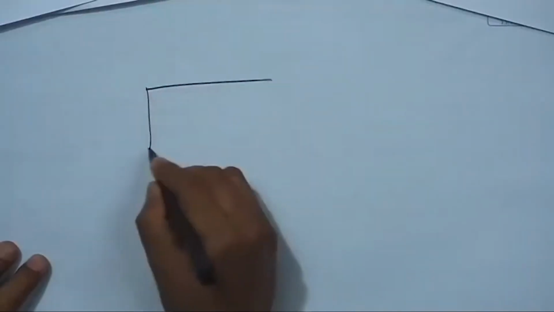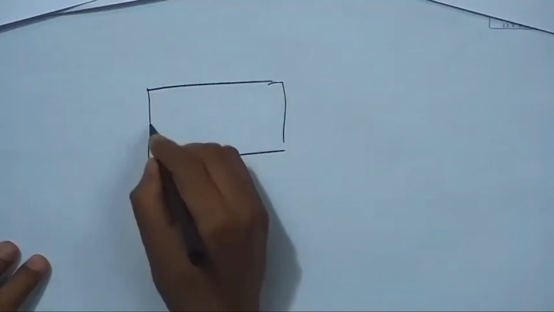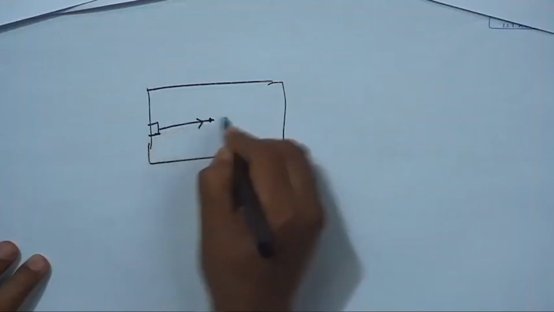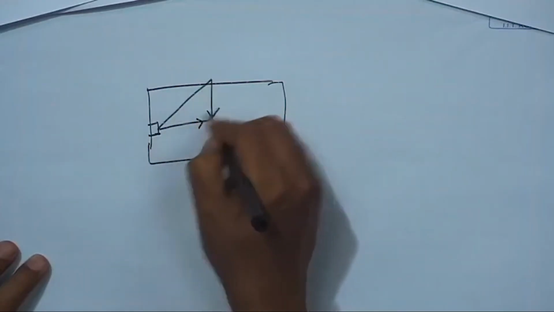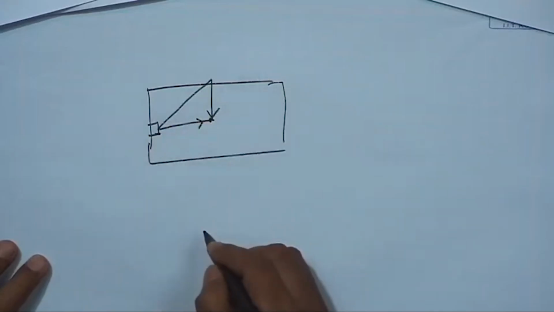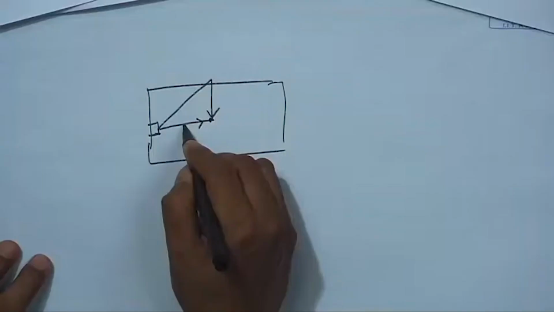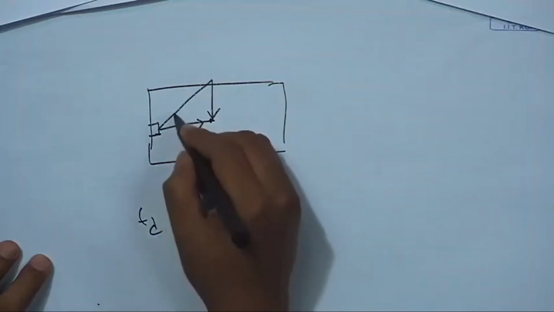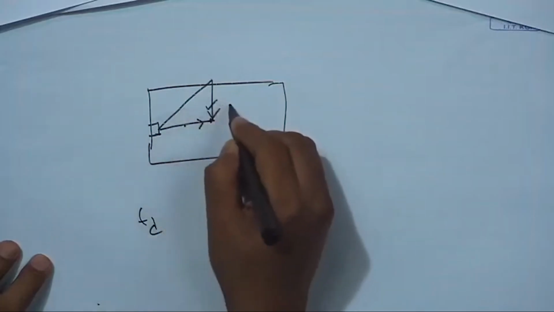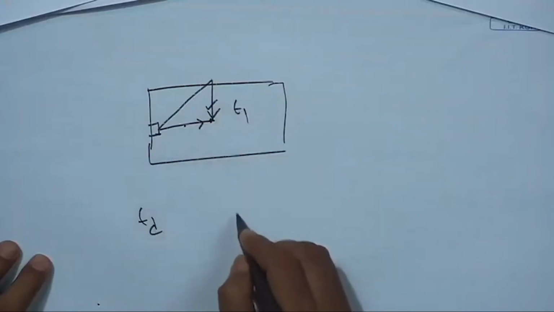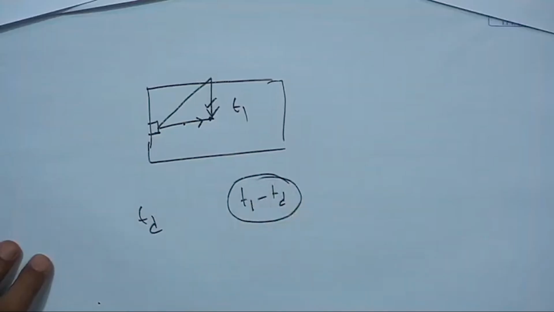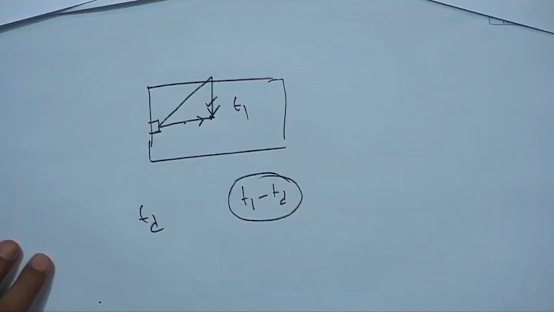Suppose this is an enclosed room and there is a source in here, and at this point there will be a direct sound and a reflected sound from different reflection paths. So, the initial signal delay gap is the time between the arrival of the direct sound, let us say TD is the direct sound arrival time, and the first reflection, let us say it comes at T1. So, the time delay T1 minus TD is the initial signal delay gap. Okay.